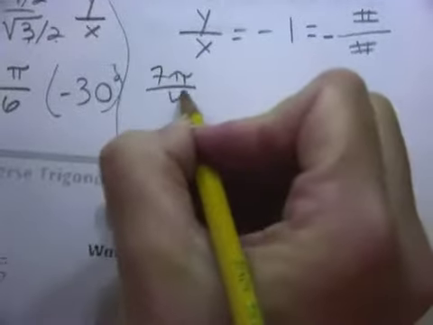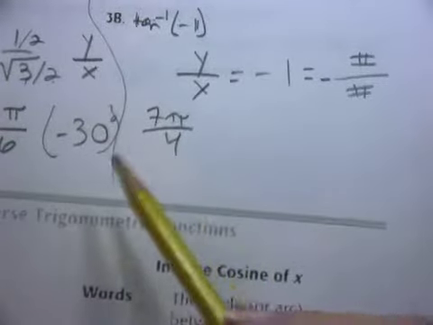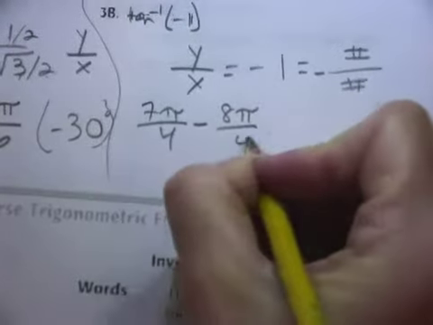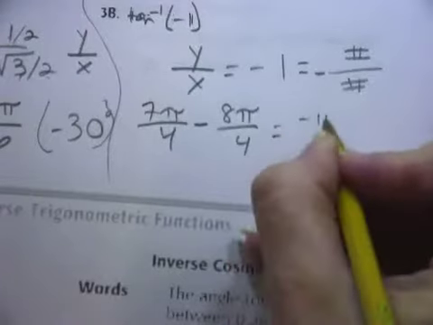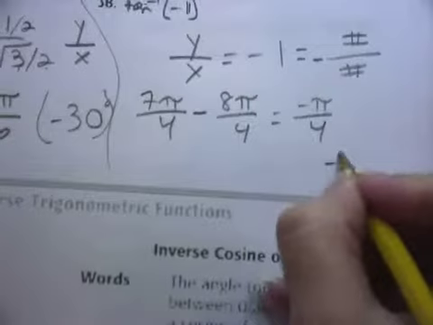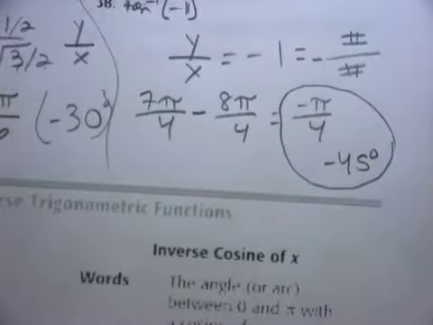These, radical 2 over 2, radical 2 over 2, same value, one positive, one negative. That's what I'm looking for. So that's at 7 pi over 4. But I remember 7 pi over 4 isn't within my accepted domain, so I have to find the angle that's coterminal with it. So I'm subtracting 2 pi and getting negative pi over 4, and that's equivalent to negative 45 degrees.